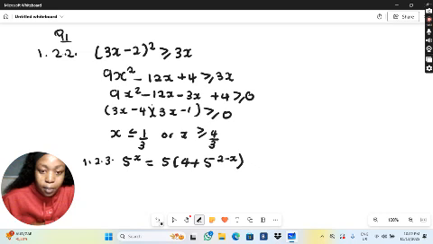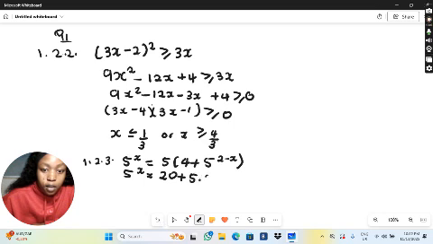We have 5 to the power of x, this side is equal to 5 times 4 is 20, and then we have positive here, and then we have 5 times 5 to the power of negative x, which is 5 to the power of 1 times 5 to the power of 2 over 5 to the power of x.